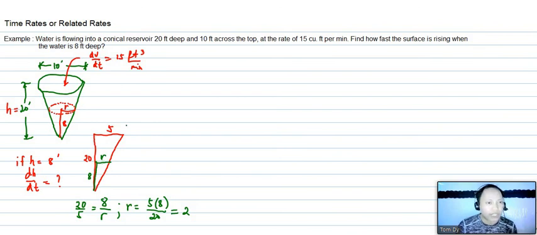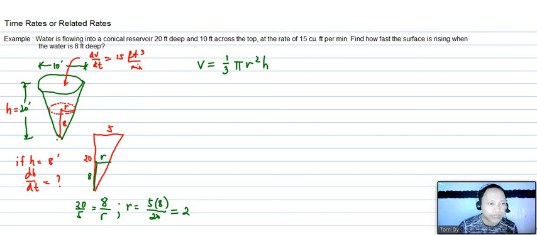Now, going back to our problem, we're going to find dh over dt. Since we have a given volume, we have to find the volume of a cone. So the volume of a cone is 1/3 pi r squared times height. Take note, in a cylinder, the volume is pi r squared times height.